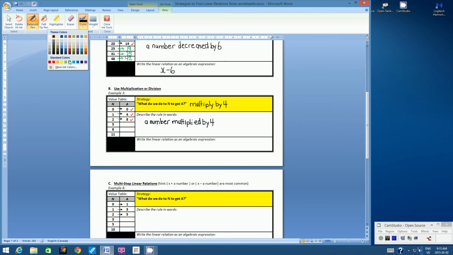Okay, so now let's go to the value table. Okay, let's use this rule. Again, I'm going to give you a head start, and I want you to complete the value table.